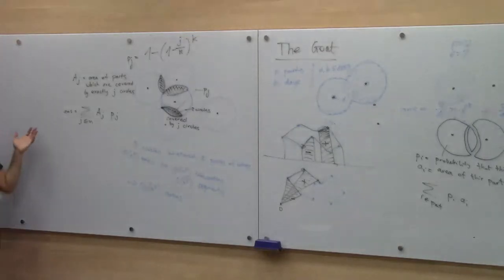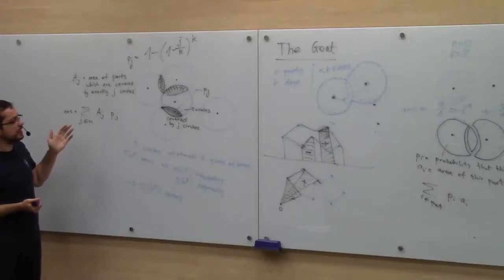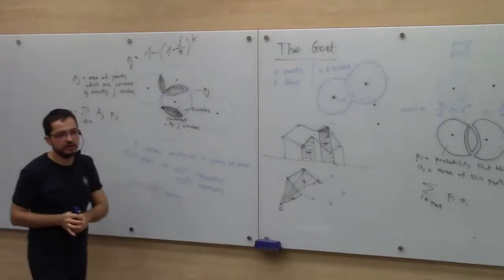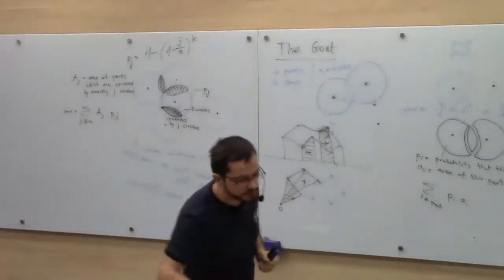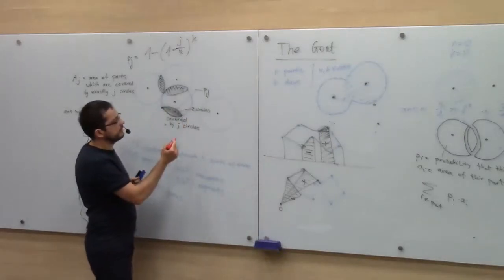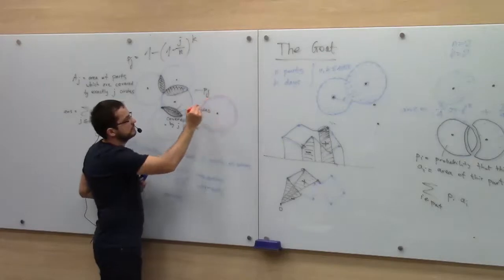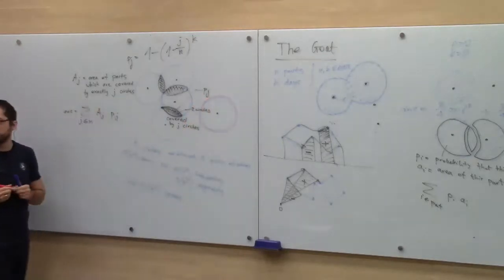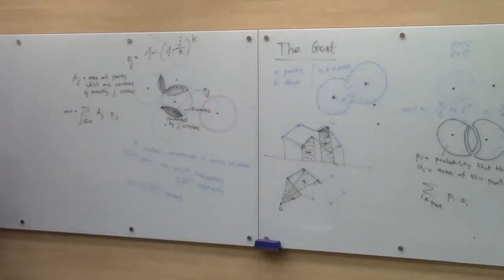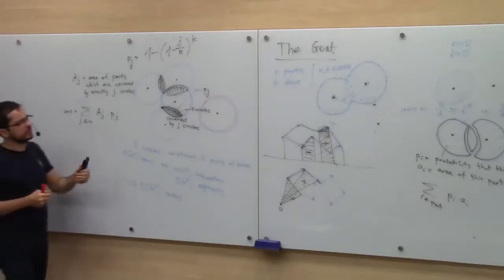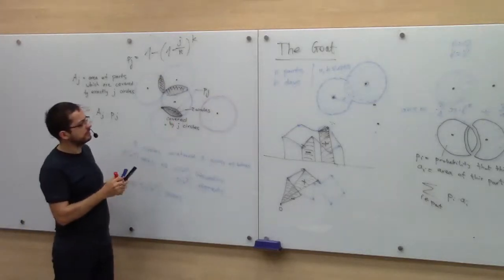Okay, so let's see what's happening with the edges which are contained by only one circle. For instance, this circle can also be treated as an edge. So actually we can split it.